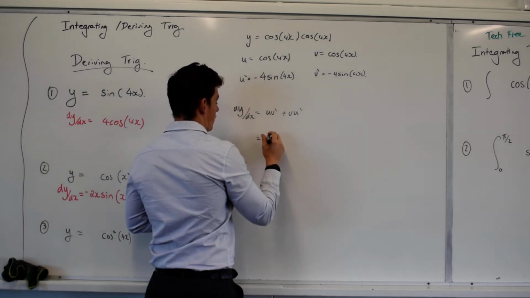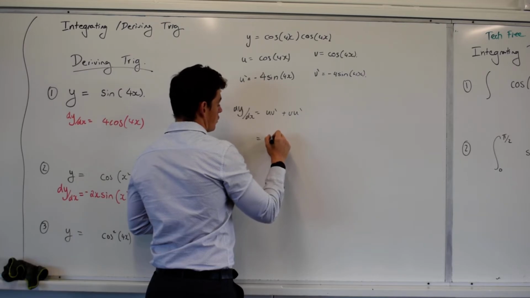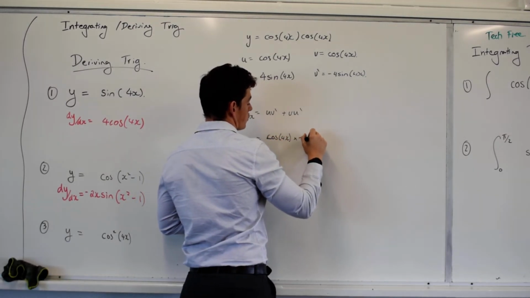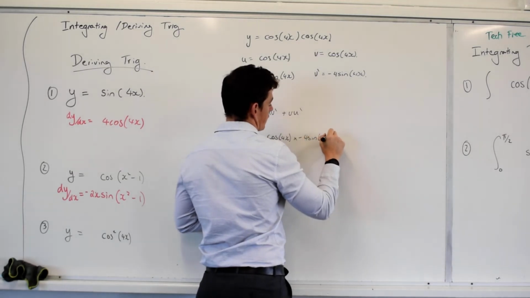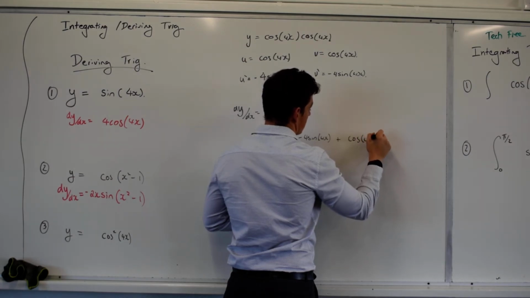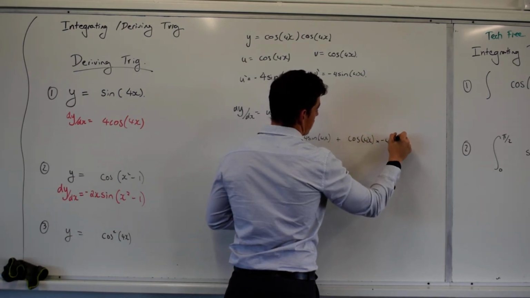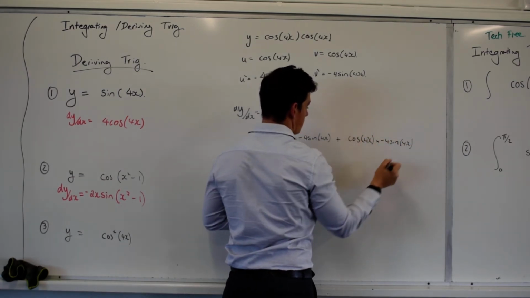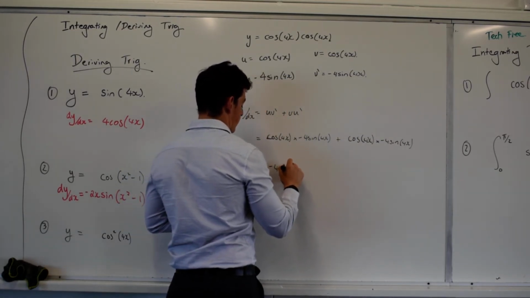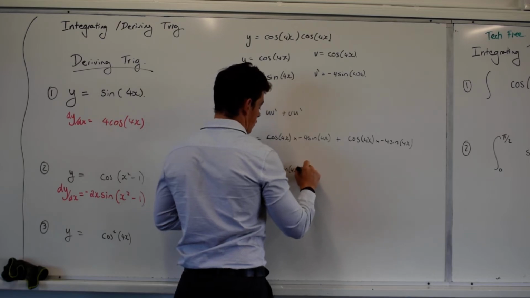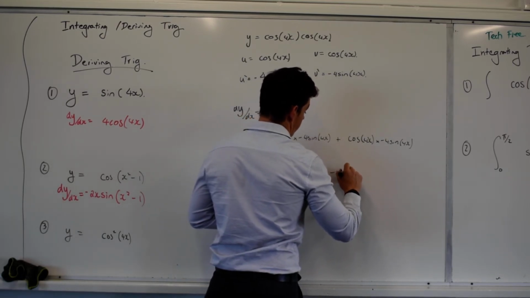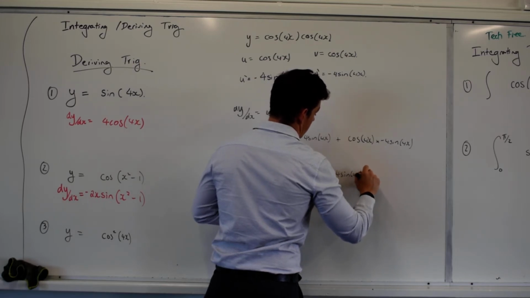And we would get cos 4x times negative 4 sine 4x plus cos 4x times negative 4 sine 4x, and we get negative 4 sine 4x cos 4x plus negative 4 sine 4x cos 4x.